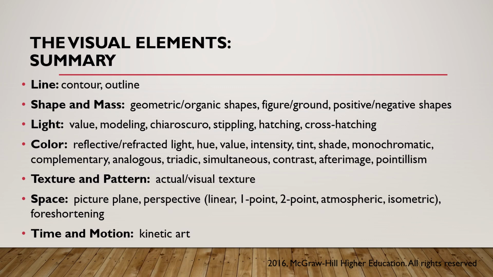You have actual pattern or actual texture or visual simulated texture. To create space in a picture plane, you have perspective, linear one- and two-point, atmospheric, isometric, and you have foreshortening. And then time and motion, which really works with the kinetic arts.